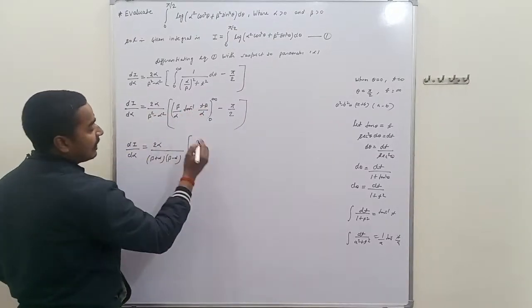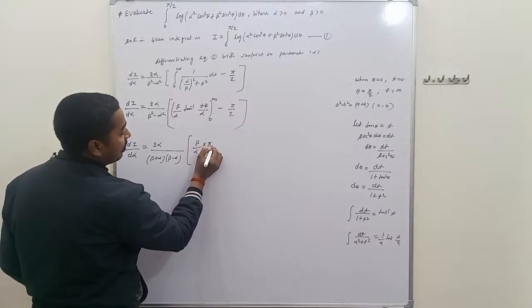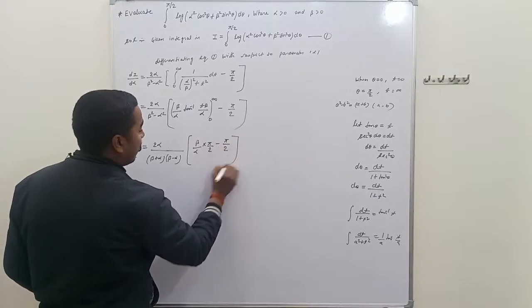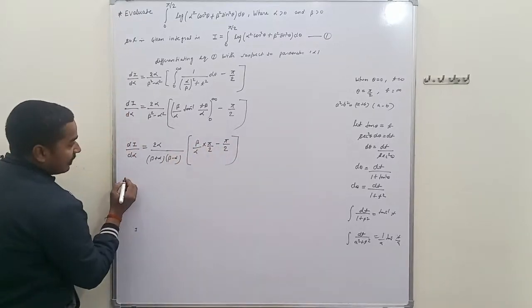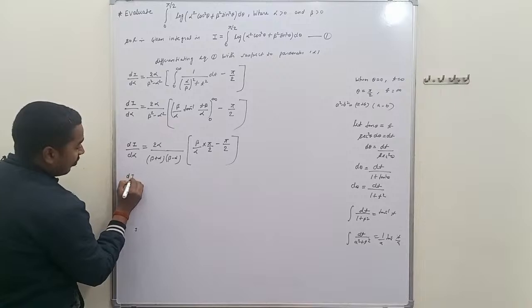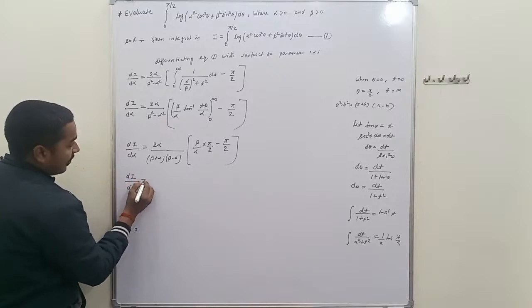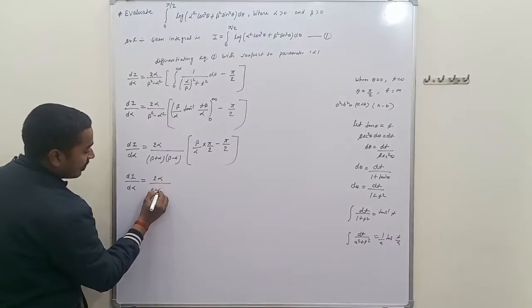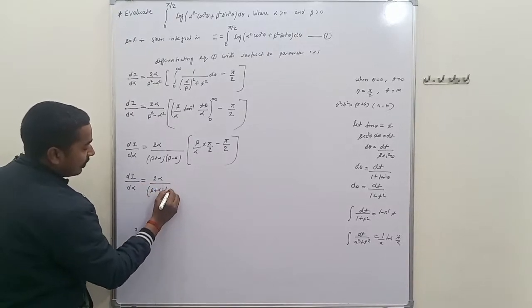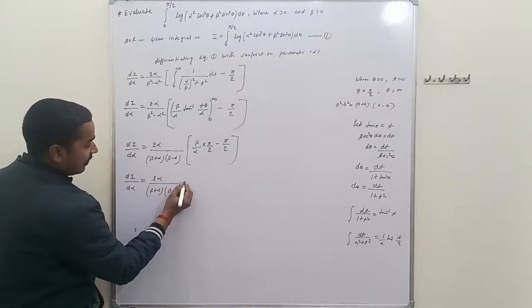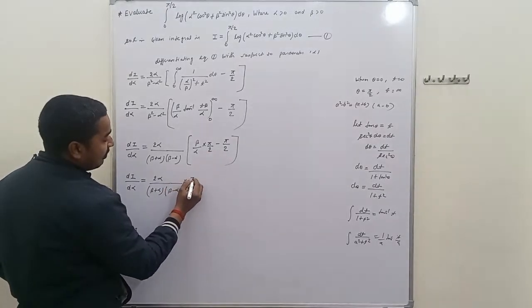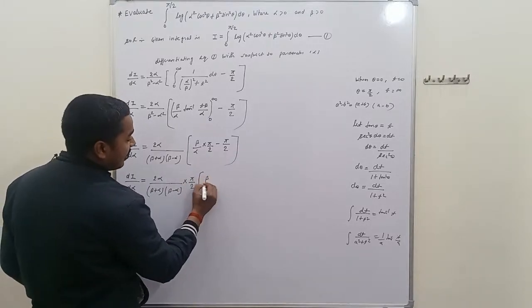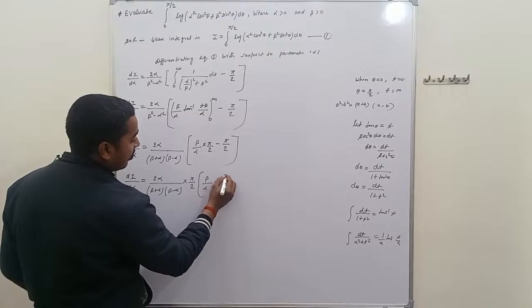So from here we get pi by 2 minus of pi by 2, and from here we take pi by 2 common, that is dI upon d alpha is 2 alpha upon beta plus alpha, and here is beta minus alpha, and the remaining is here beta upon alpha minus 1.